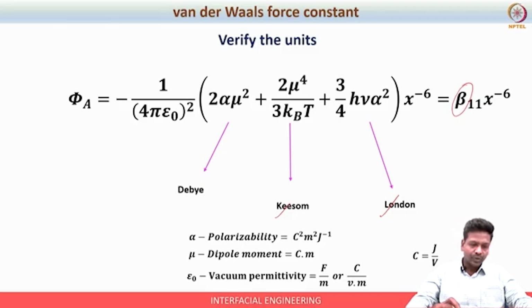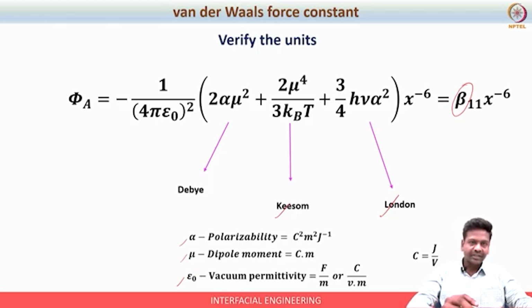I have also listed the important microscopic parameters like polarizability, which is alpha, dipole moment, and vacuum permittivity. The units of all are also given here.